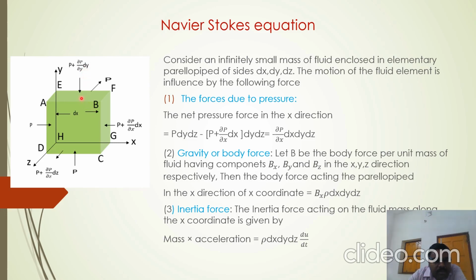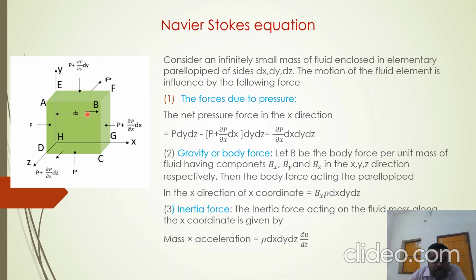The pressure changes along the y direction with rate of change ∂P/∂y, and the length between the two faces is dy. Therefore, the total pressure is P plus ∂P/∂y times dy.